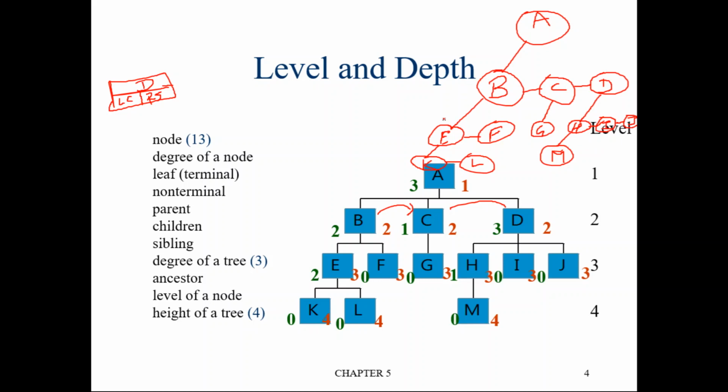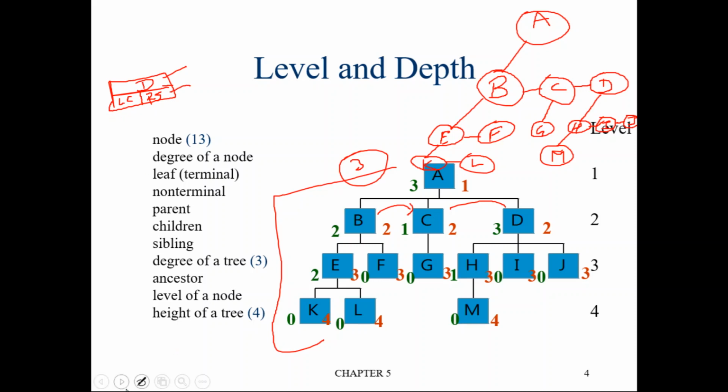Now you can see this particular tree has a degree of 3. This tree we have represented with every node having only two pointers, a left child and a right sibling.